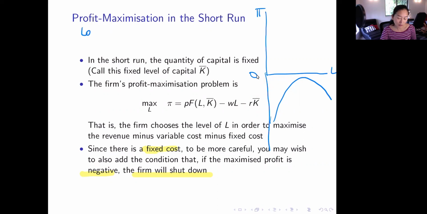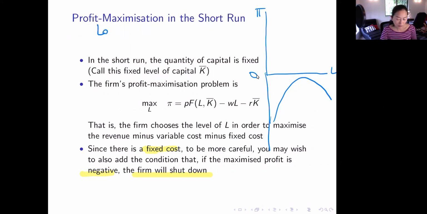If your loss from operating is greater than the fixed cost, well, when I say loss, I would say the absolute value, so that you don't get confused.